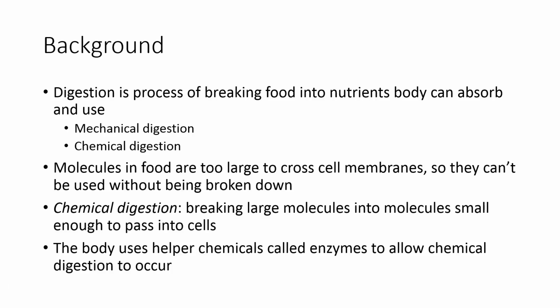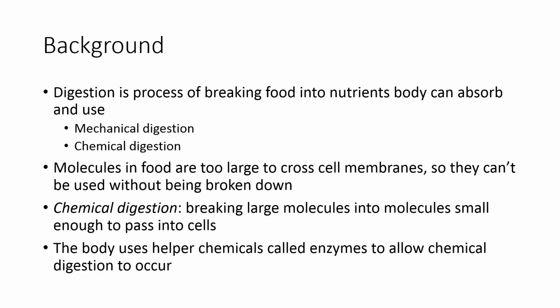The body uses helper chemicals that are called enzymes that allow chemical digestion to occur. So, with sugar, for example, in order to get the energy out of sugar, your body uses these chemicals called enzymes, and the enzymes don't actually participate in the chemical reaction themselves.